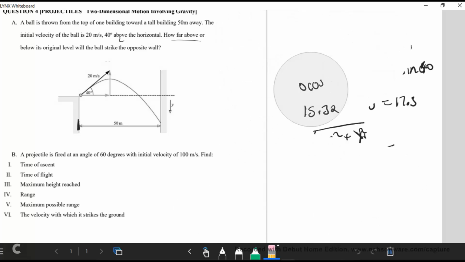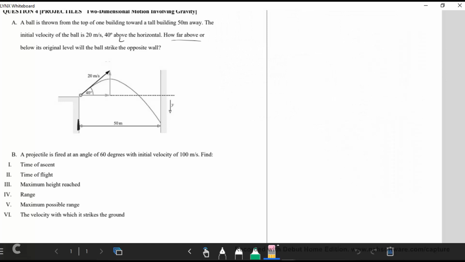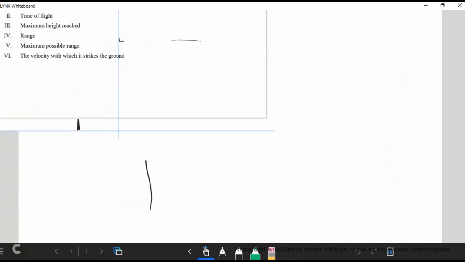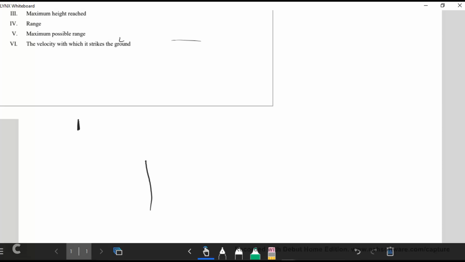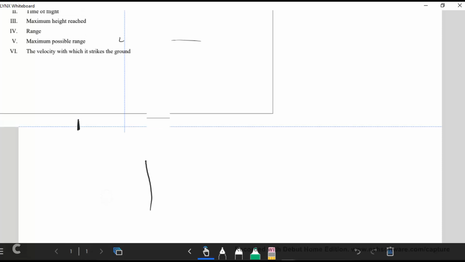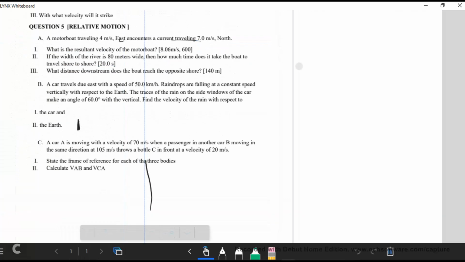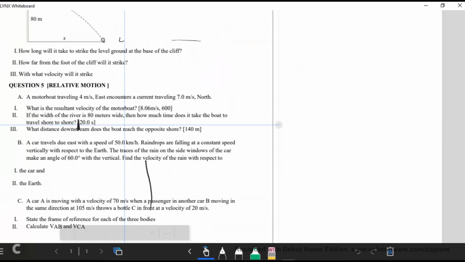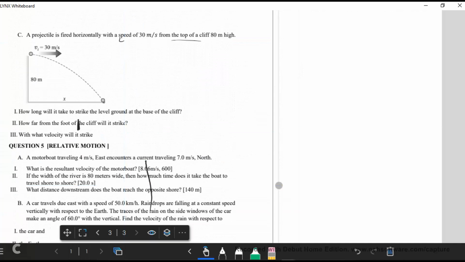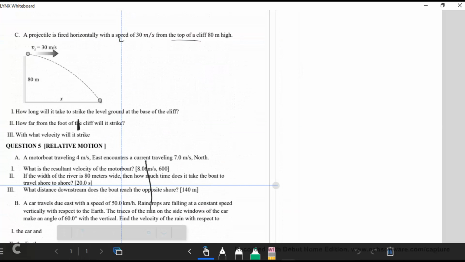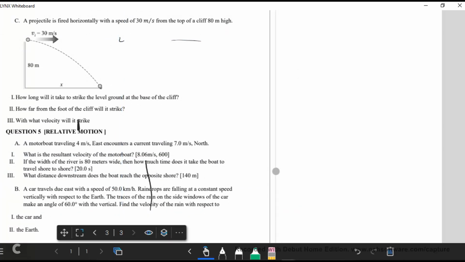Then let's solve the last question, which is question 4C.